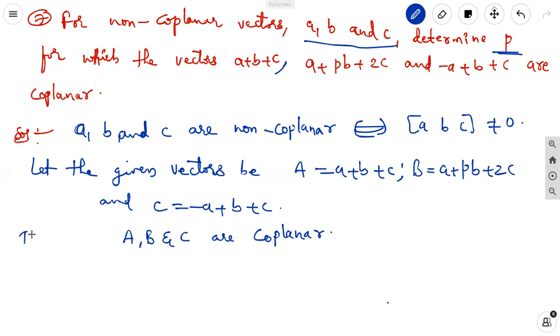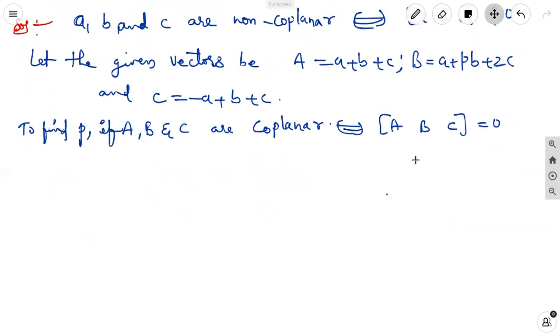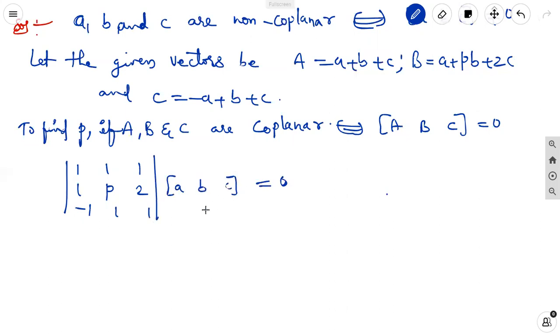To find p, if A, B, C are coplanar, then the volume of A, B, C equal to 0. Here, the volume of A, B, C we can write as the determinant 1, 1, 1, 1, p, 2, minus 1, 1, 1, into the volume of abc is equal to 0.